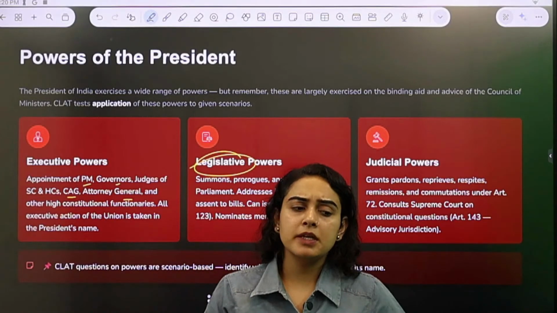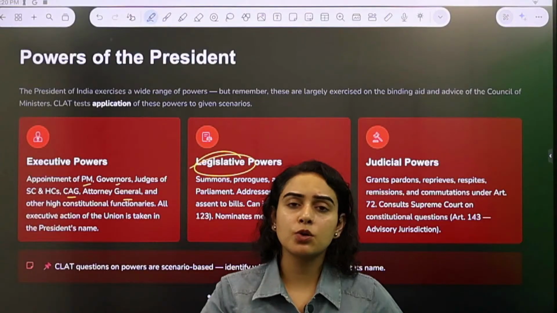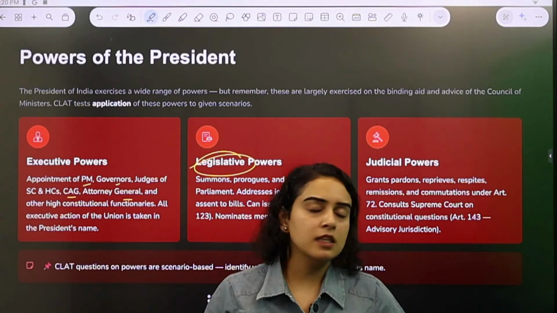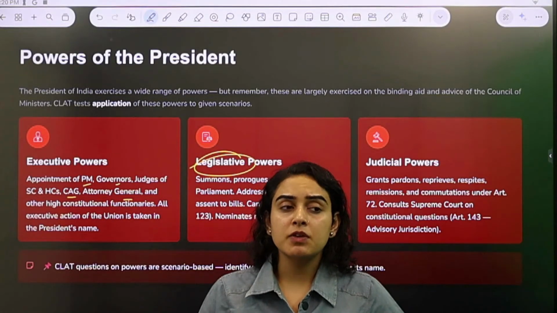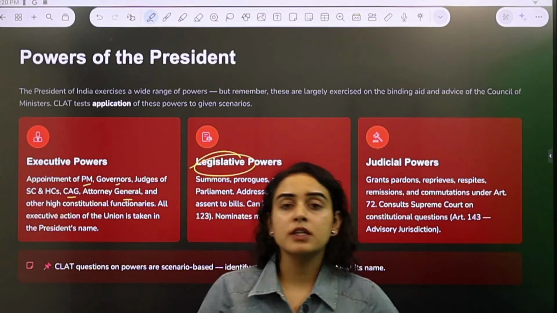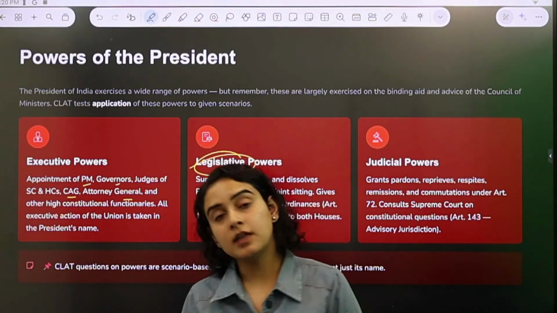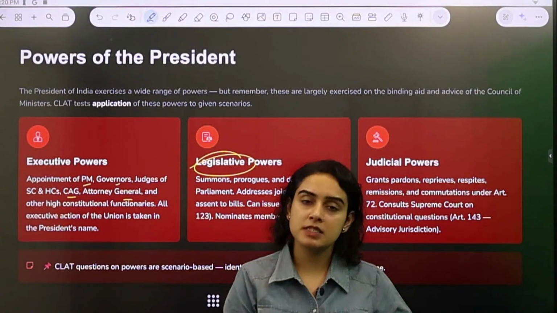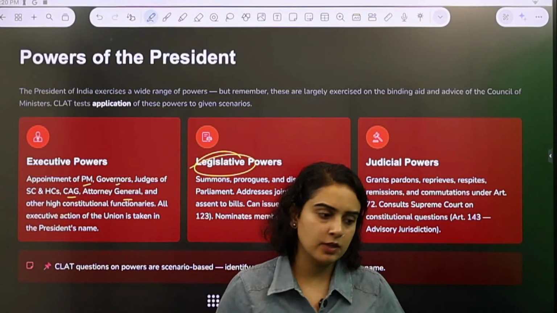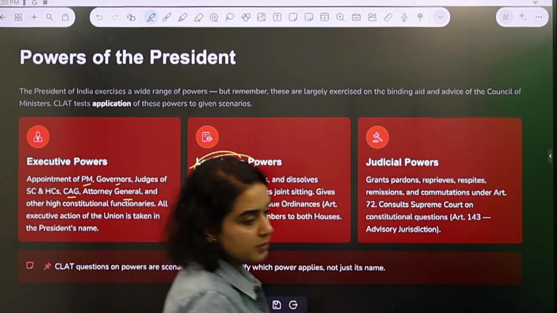Once the parliament comes in session and decides that we do not want to continue this ordinance, then the ordinance will not be continued. If the parliament says that, okay, we want to make this a full-fledged law, then this ordinance will convert into a full-fledged law. But here, the power to make these ordinances is with the president, and the governor at the state level. So at the union level, it's with the president.